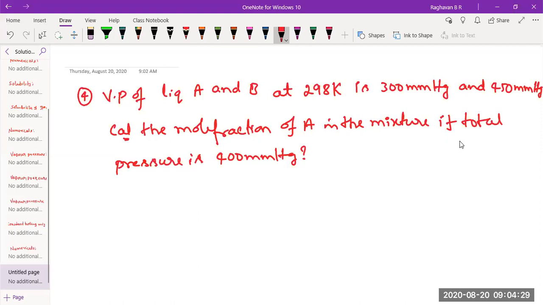They have given pure liquids P0 A, P0 B.